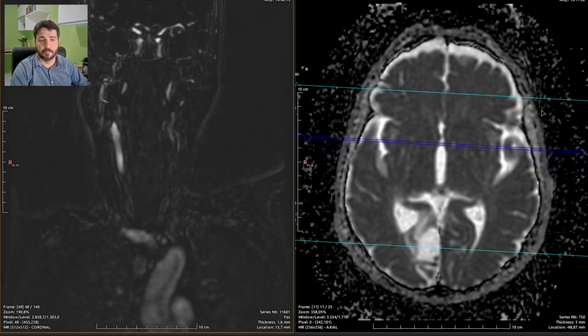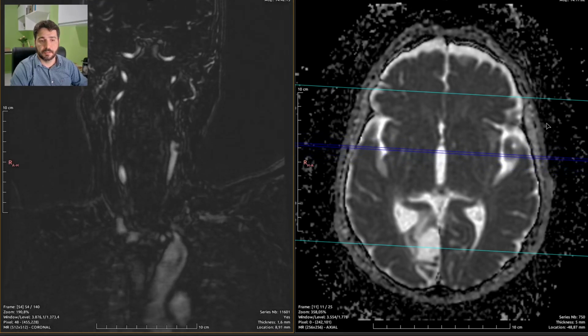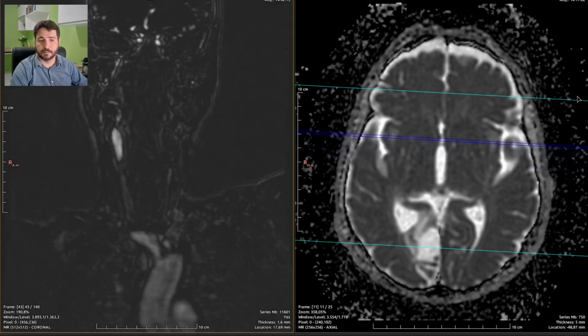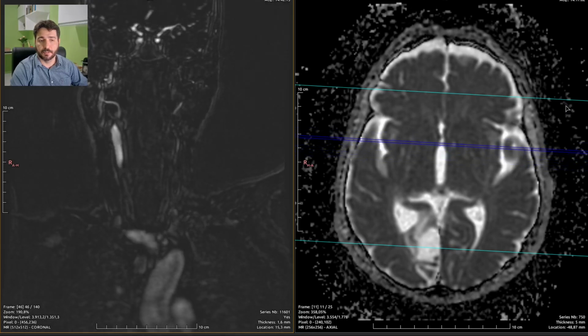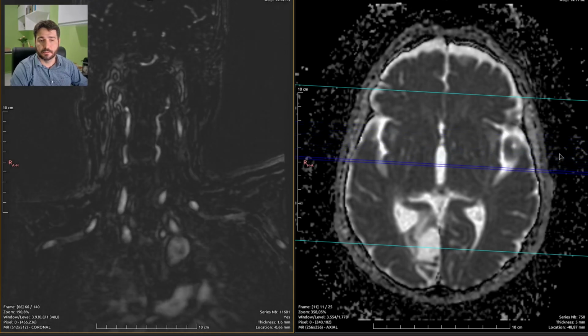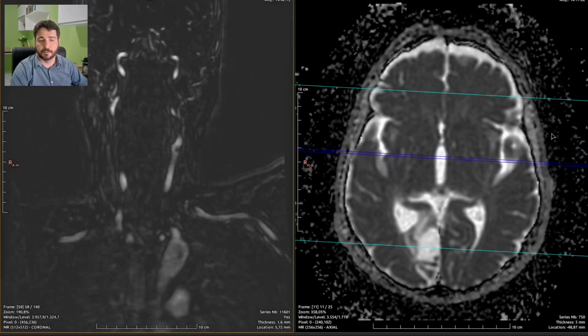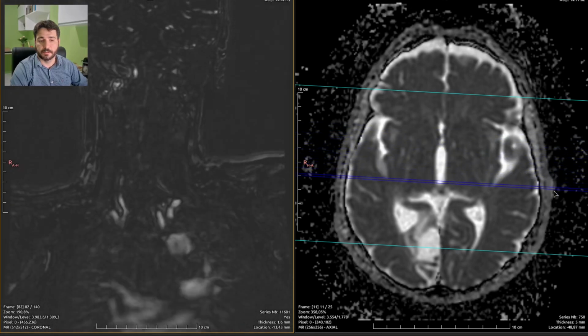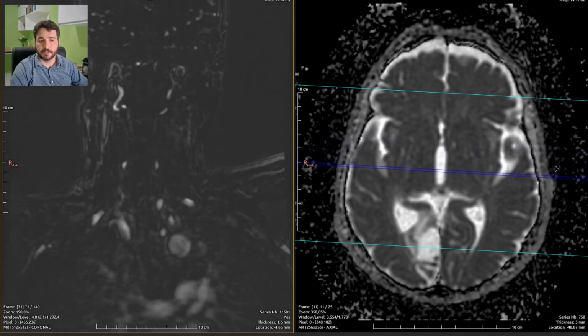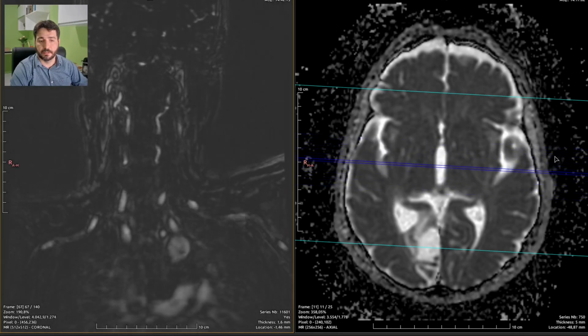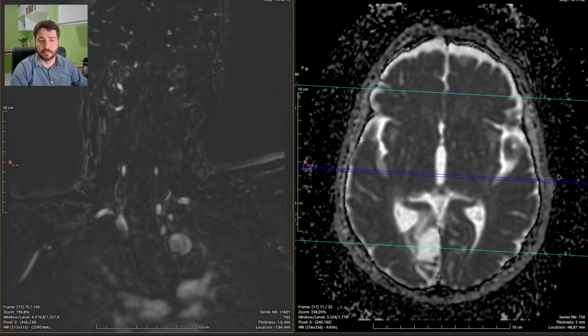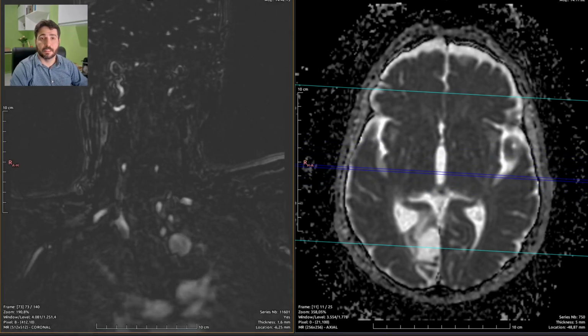It seems there is some atherosclerosis of the carotid bulbs, especially on the left, which makes no sense in this case because the stroke is on the right. But what do I know?